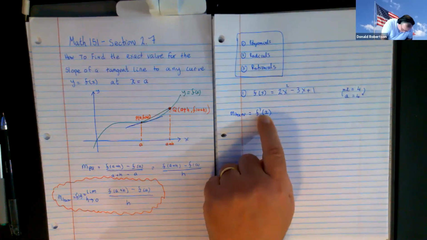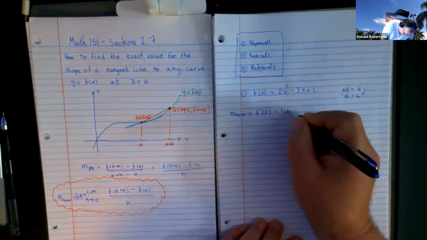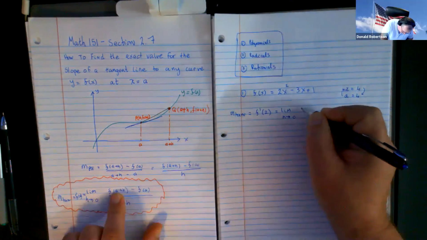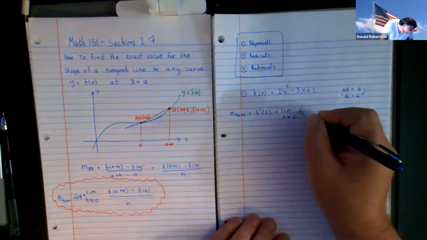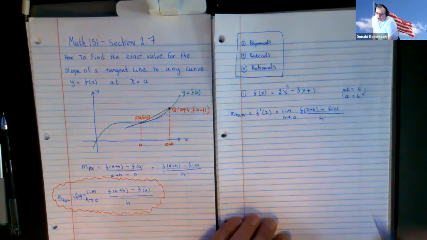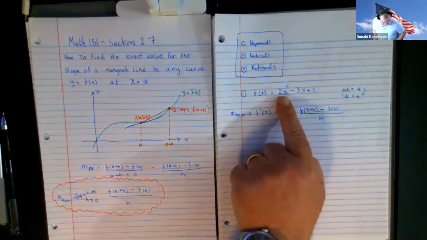So f dashed of 2, which is, by the way, also called the derivative at 2, it's going to be the limit as h tends to 0 of f of 2 plus h, take away f of 2, all over h. And we are going to work through this, and we are going to get the answer, whatever it is. And that's our goal, to find what the slope for this quadratic would be.